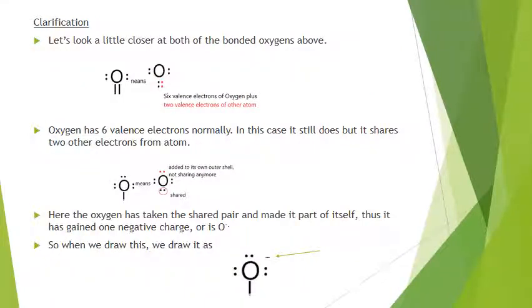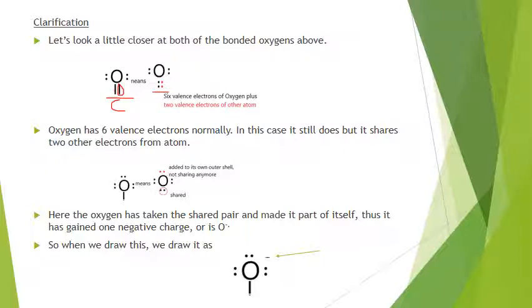Now I wanted to have a clarification here. Let's look closer at the bonded oxygens below. When you have this case here, it really means you have this. There are 6 valence electrons of oxygen plus 2 valence electrons of another atom. One of these actually belongs maybe to carbon or something. You get 2 shared pairs. 2 of them belong to the carbon, 2 to the oxygen.